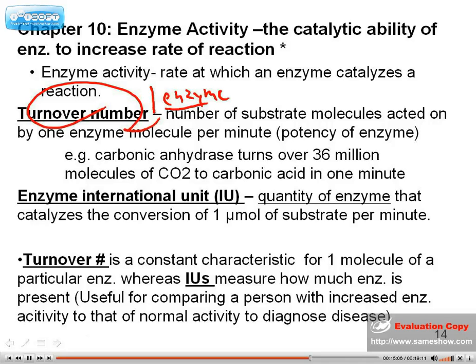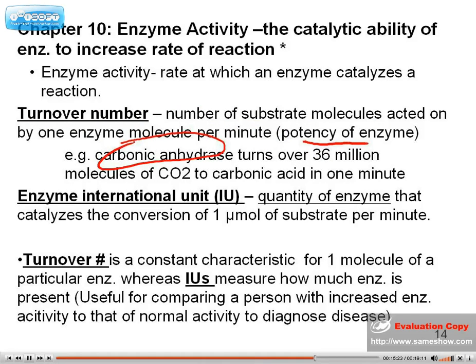This is the number of substrate molecules which are turned over in a catalyzed chemical reaction per minute. So in summary, it's the potency of the enzyme. Carbonic anhydrase has the highest turnover number of any enzyme in the body. It turns over 36 million molecules of carbonic acid in 1 minute.